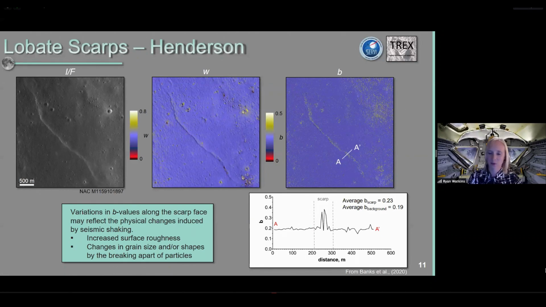We're still teasing out what this may mean, but variations in the B values could likely indicate physical changes that were induced by seismic shaking. So differences in perhaps surface roughness, or maybe changes in grain size or grain shape that was induced by the breaking apart of particles during these seismic events.